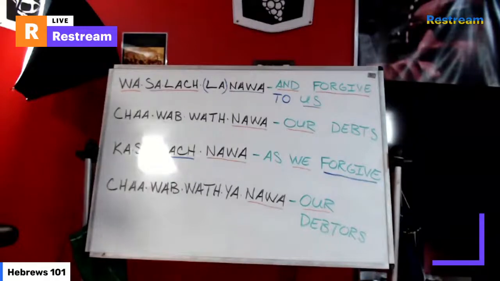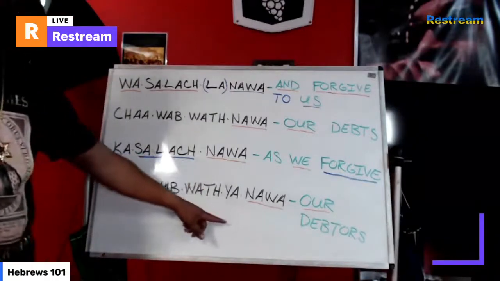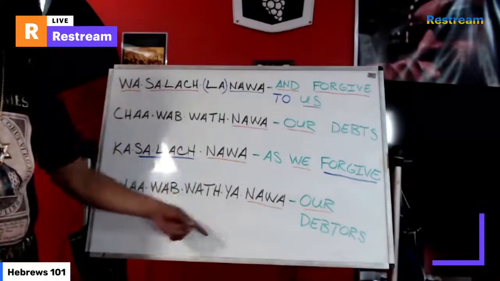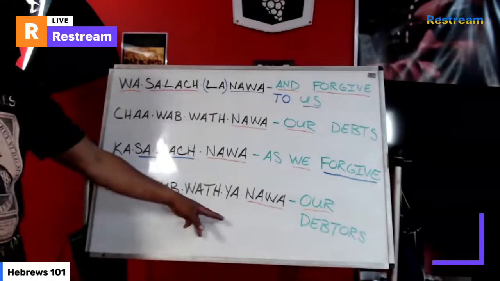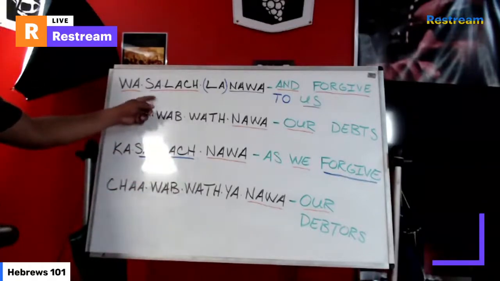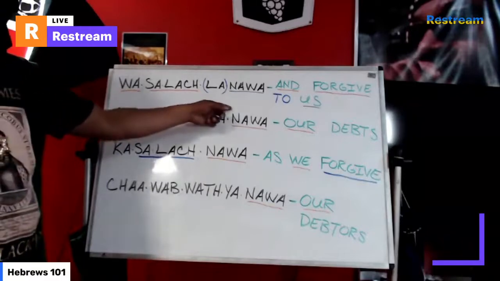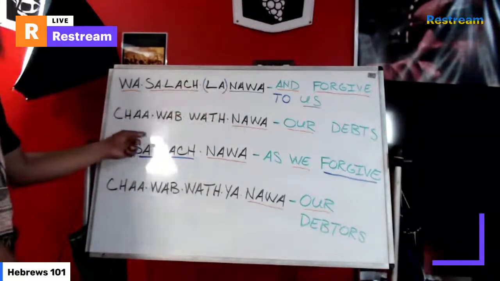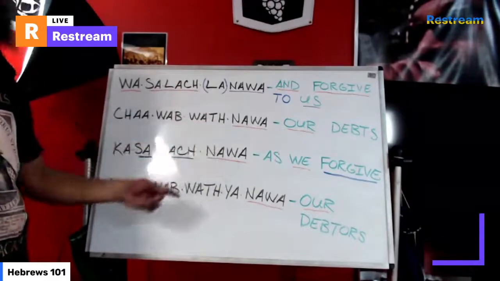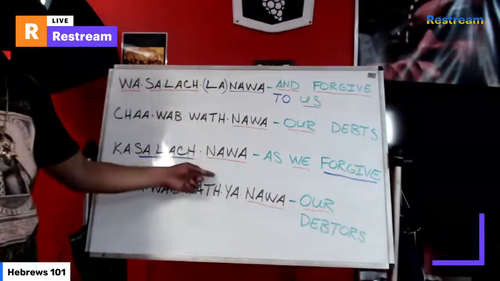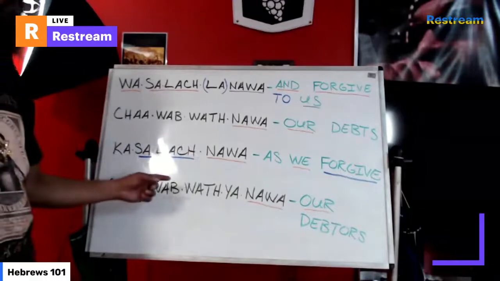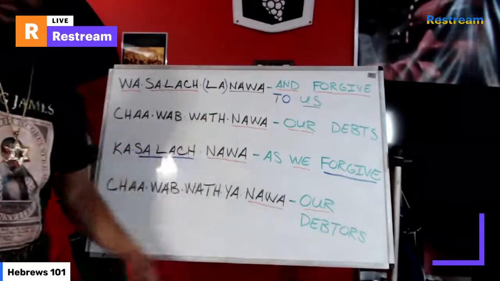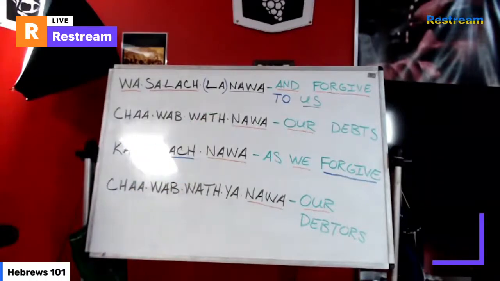So as we're learning, this is the only time that you're actually saying the ya. So instead of Wasalak Yanawa, it's Wasalak Lanawa. Kawa Nawa. Kasalak Nawa. Kawa Yanawa. All right?